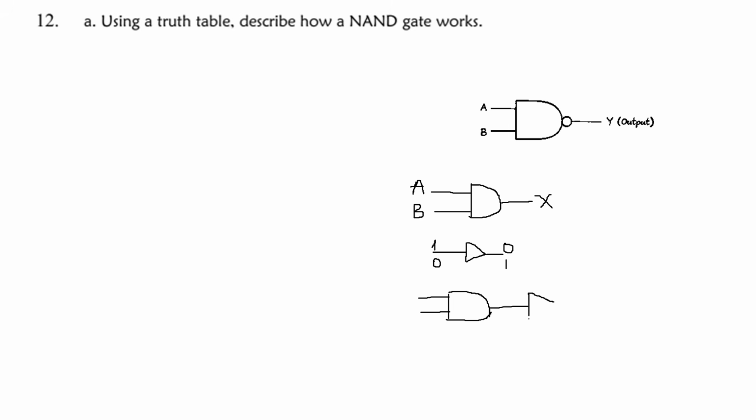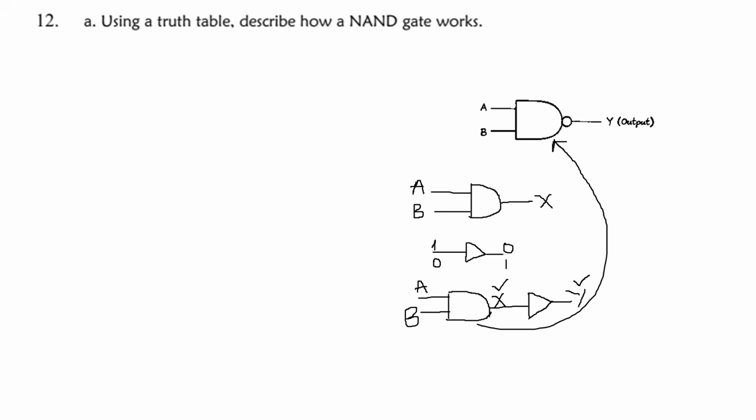Whatever the output of the AND gate here, let's call this X, that is going to be an input for a NOT, which is going to produce the opposite, a Y. That's why sometimes the NOT is referred to as an inverter, because it changes the input to something else.